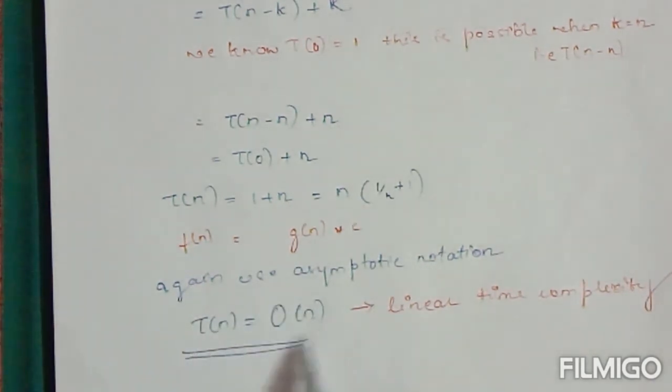So this particular problem can be told as it has linear complexity. So this is how you solve a recursive problem using substitution method. We keep on substituting it until we find out what is the base case and when to stop it. And once we stop it, we try to notate using some asymptotic notation. Thank you.